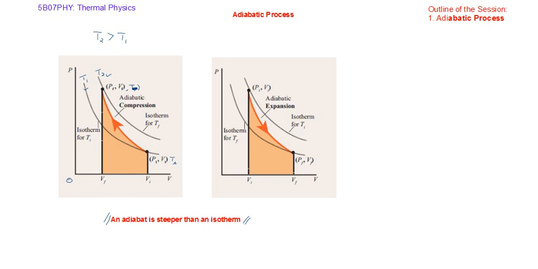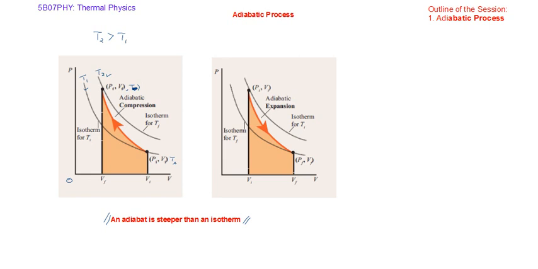Another thing you can see when you compare the first graph and the second graph is that in the first graph, the arrow has been given in the upward direction. You know the reason, because this one has been taken as the initial volume and this one is the final volume, and the final volume is less than the initial volume, so the process will be named as a compression as usual.